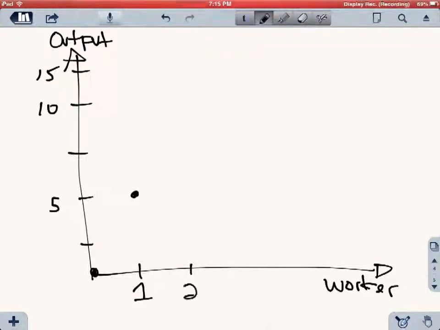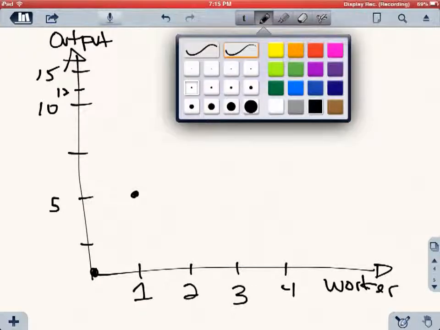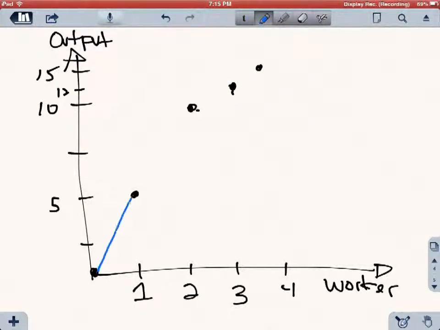The second worker allows you to produce 9, so it'll be around here. Now the third worker allows you to produce about 12, so you're around here. The fourth worker allows you to produce 14, right? So what is happening is that if you connect all these dots, you see a curve that is increasing.